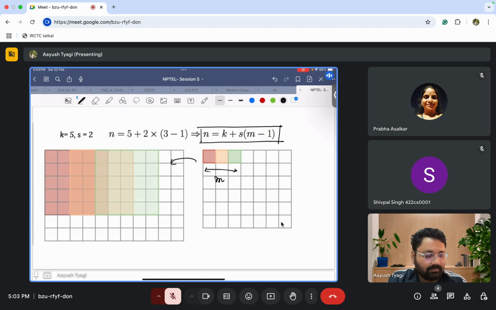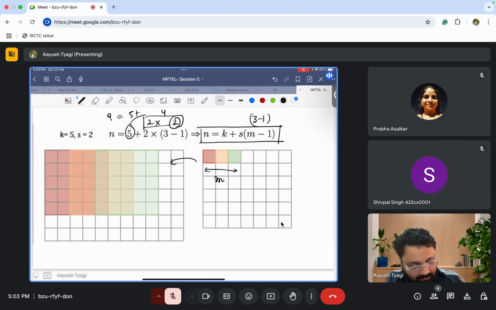N is equal to k plus s into m minus 1, right? Suppose m here is 3, 3 minus 1 is 2, stride was 2, 2 into 2 is 4, plus the kernel size is 5. So 5 plus 4 is basically 9, and what is the receptive field we are able to see? It's 9.